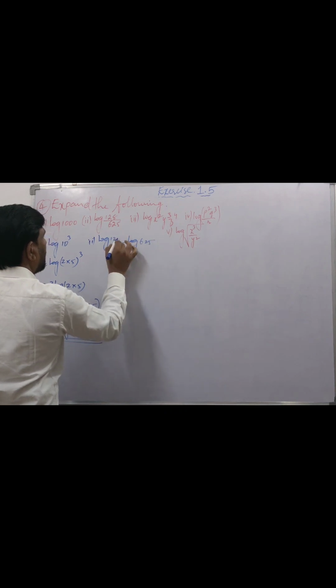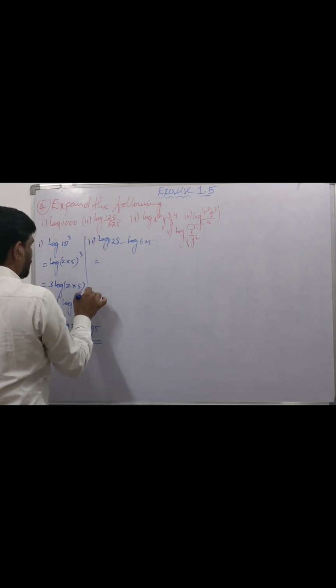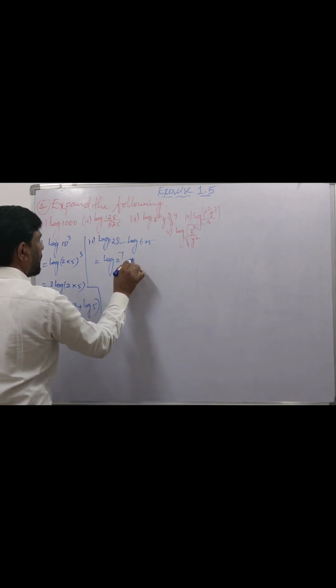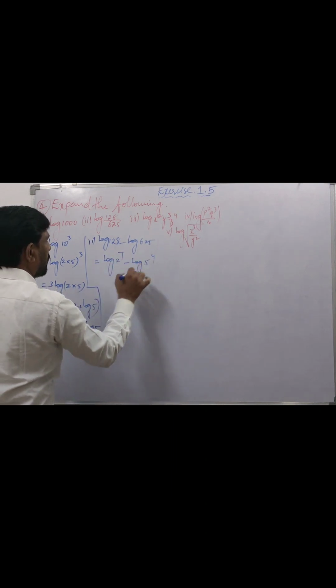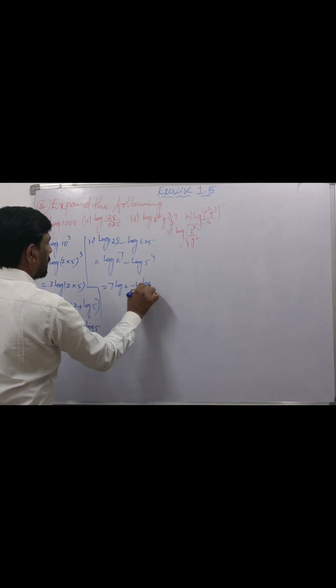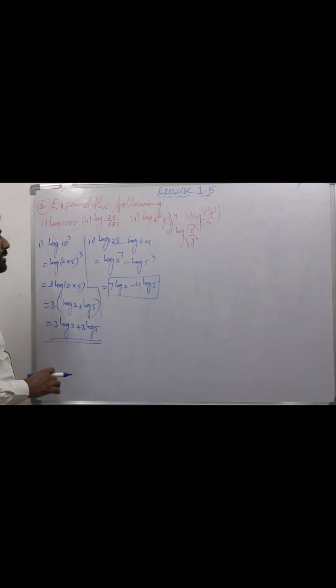You have to mention the formula also. You have to write, everybody. Next, logarithm of, if you do prime factorization of 128, it becomes 2 to the power 7 and this becomes 5 to the power 4. This becomes 7 log 2 minus 4 log 5, your required answer, right?